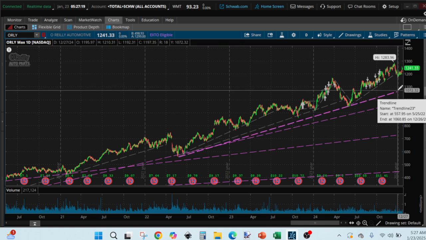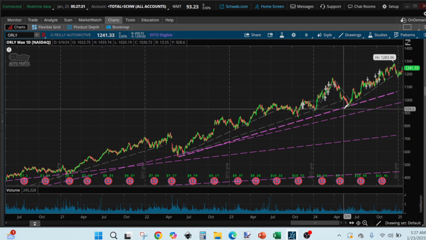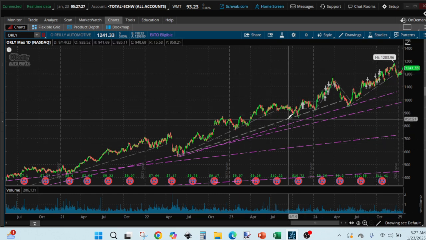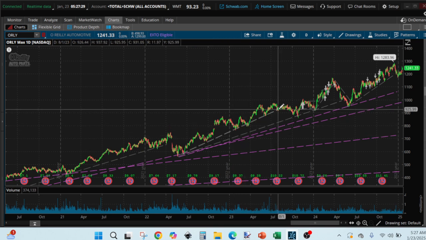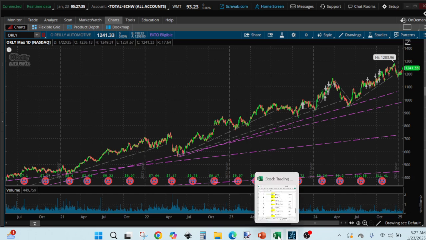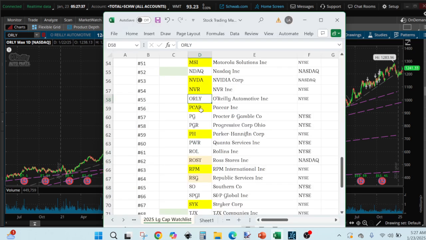When it's going to come to it, we don't know, because it can continue that uptrend for a while. It just does not move too far away from the trend line, so it has an interesting pattern compared to NVR.